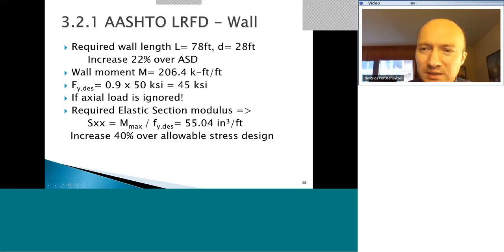So after we do all these calculations, we come back that we need a 40% increase in the required elastic section modulus of the steel for this excavation. So for the same design, if you did it in allowable stress design, you'd be saving money.